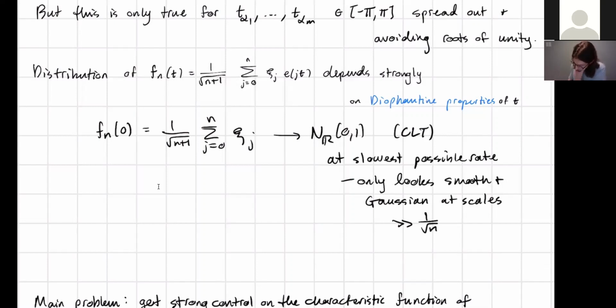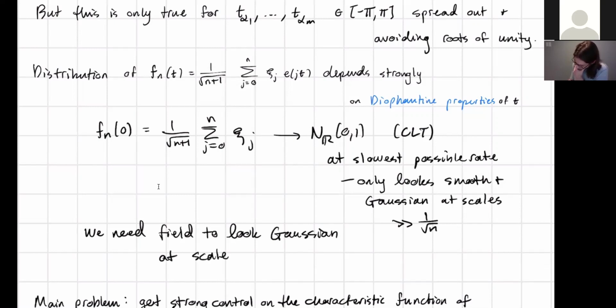But what we really need is the field to look Gaussian at arbitrary polynomial scales, at scale n to the minus c for any fixed constant.